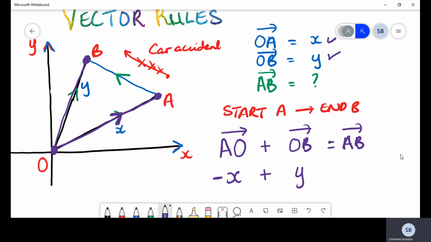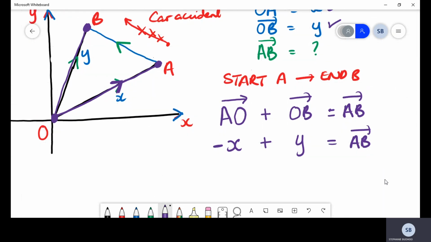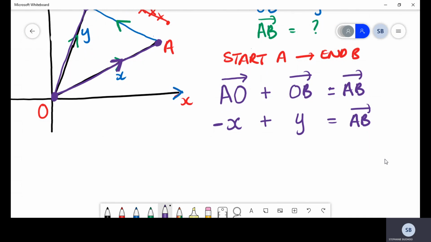So what we can say about this journey is that we now have a magnitude for AB of negative x plus y. So finally, if you wanted to represent your answer in a more simplistic form, we can say that we worked out AB to be equal to y subtract x.